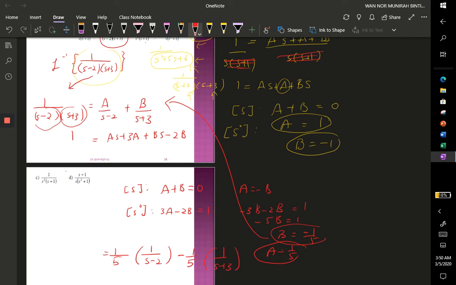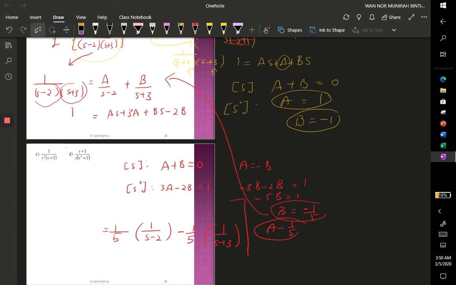Make it simple. So what I can say is the Laplace inverse of 1 over S minus 2, S plus 3 is equivalent to 1 over 5 times the Laplace inverse of 1 over S minus 2. I just take out 1 over 5 because it is just a constant.